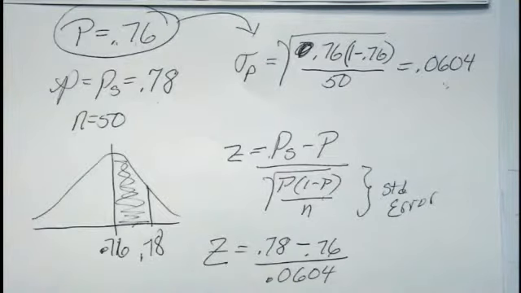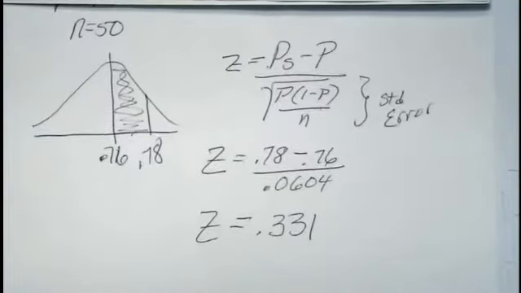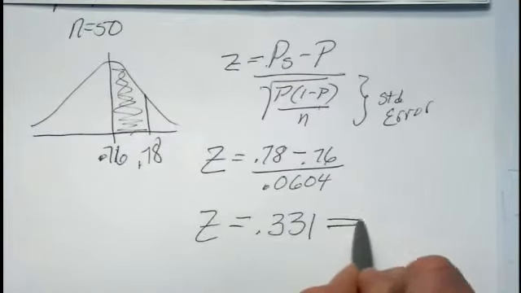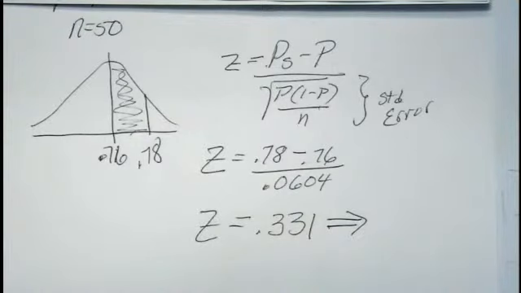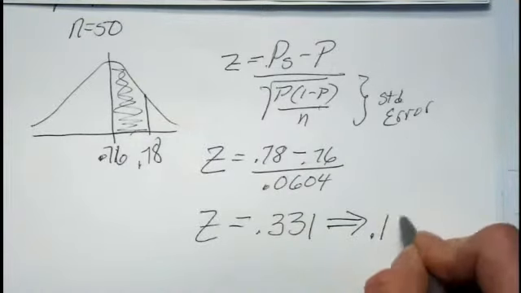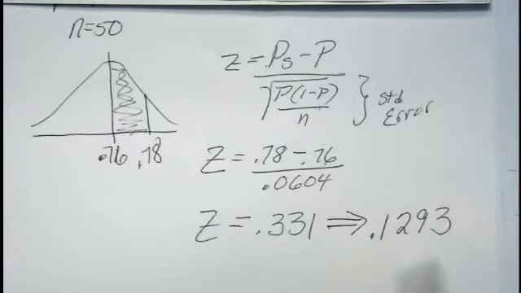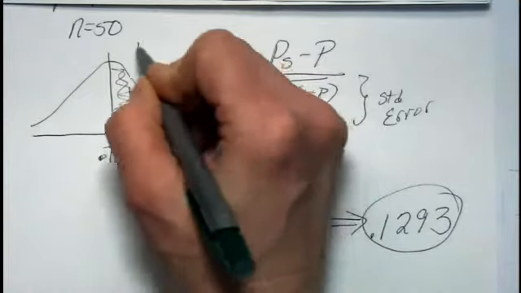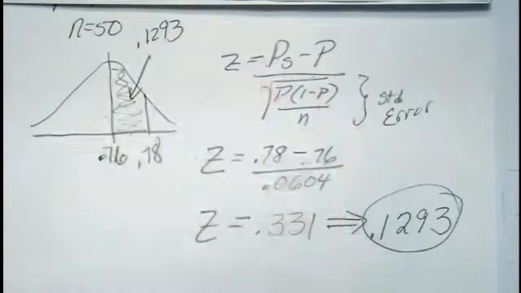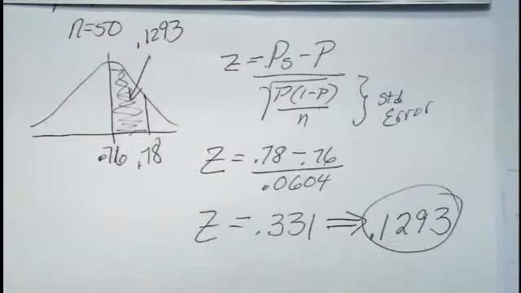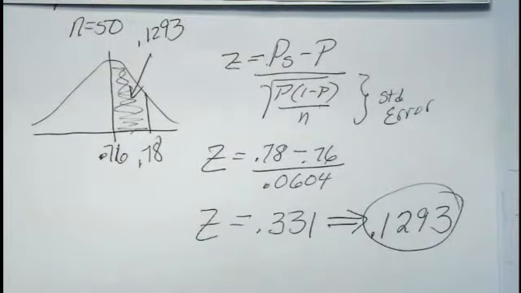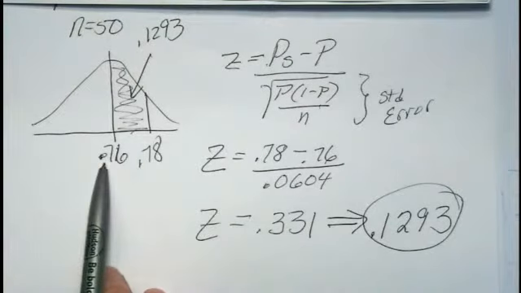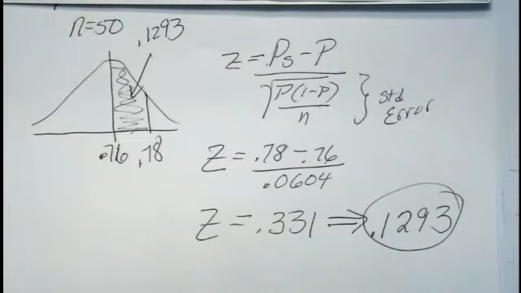And I got a z-value of 0.331. That's not the percent, remember? You need to look that up in the table, and you get 0.1293. That is the percent for right there. That answers the percent between 76 and 78%.